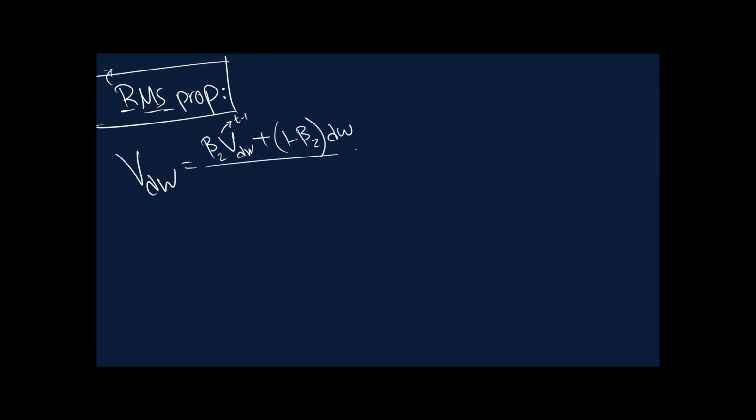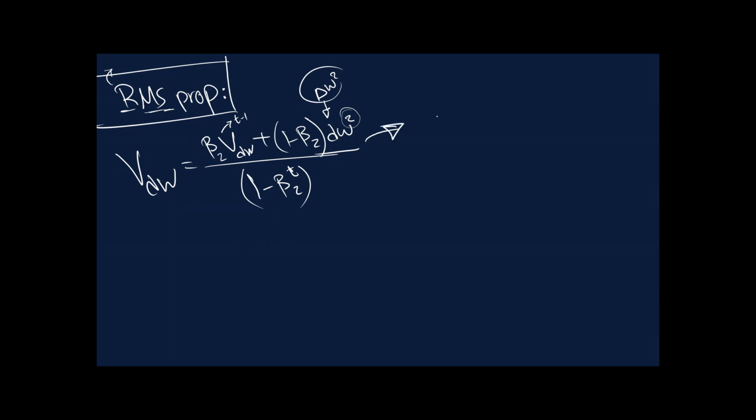The difference would be here, that we are taking this to be squared, so that's dW squared, okay? This would give us the second momentum, and we are again smoothing by the same quantity, but just using beta 2.